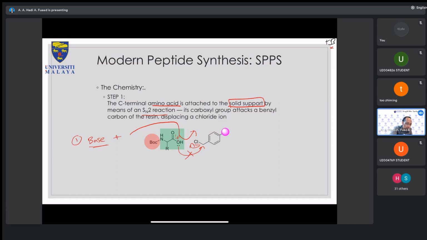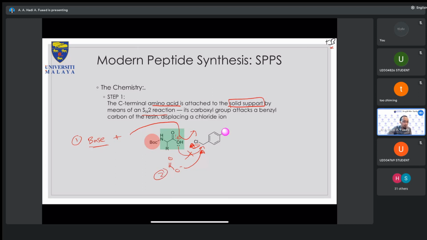So when you have a carboxylate ion like that, you can have an attack on that particular carbon, and chloride will go out as a leaving group. So this is the first step, this is pretty much the second step. The first step is the deprotonation, and then the second one is the attack.